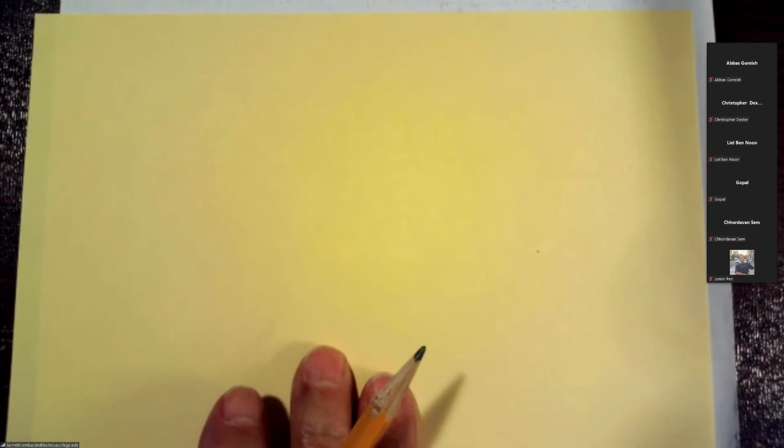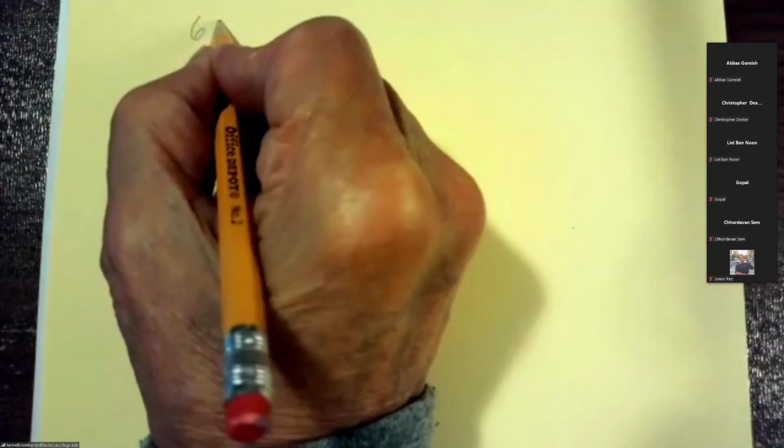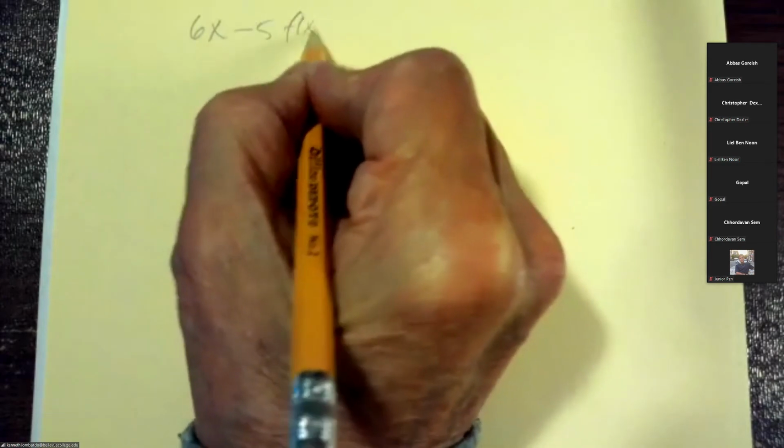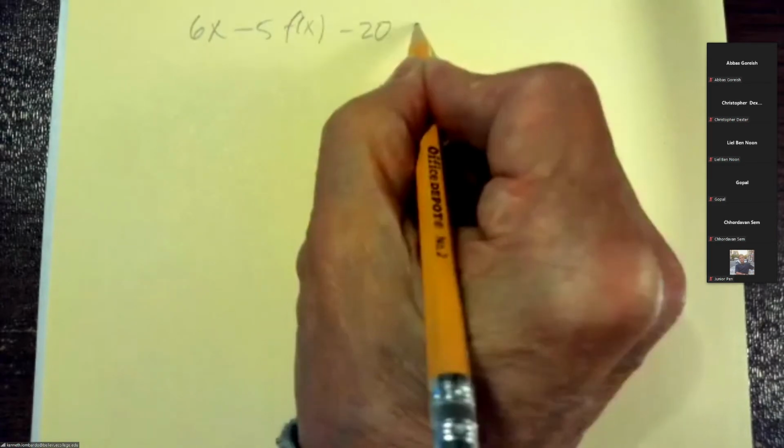Okay, let's see. If we have some other examples we might go through here. Domains. You might get something that looks like this. Maybe you get 6x minus 5 f of x minus 20 equals 0.